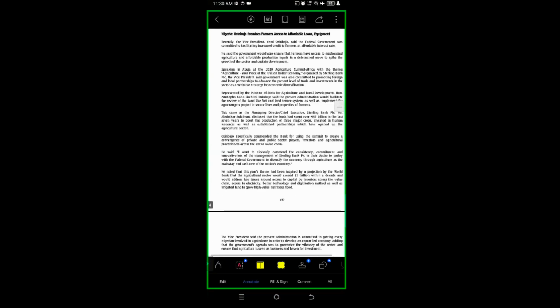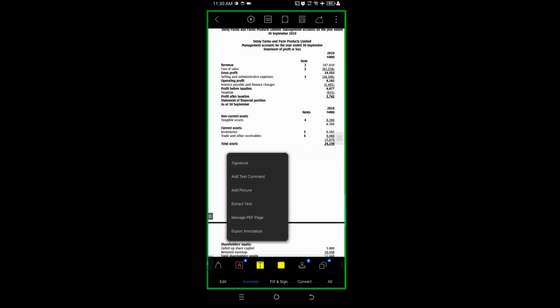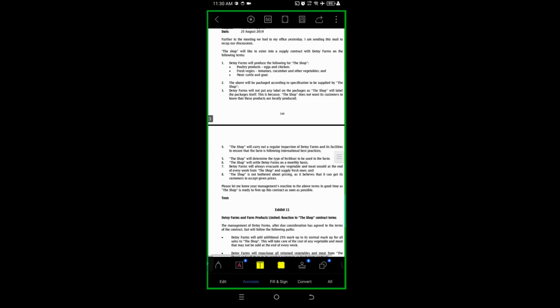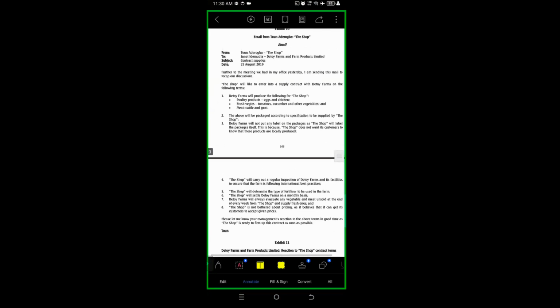So if I open exhibit 10 now, I will look for very reasonable information there. In exhibit 10 are the terms of the contract.